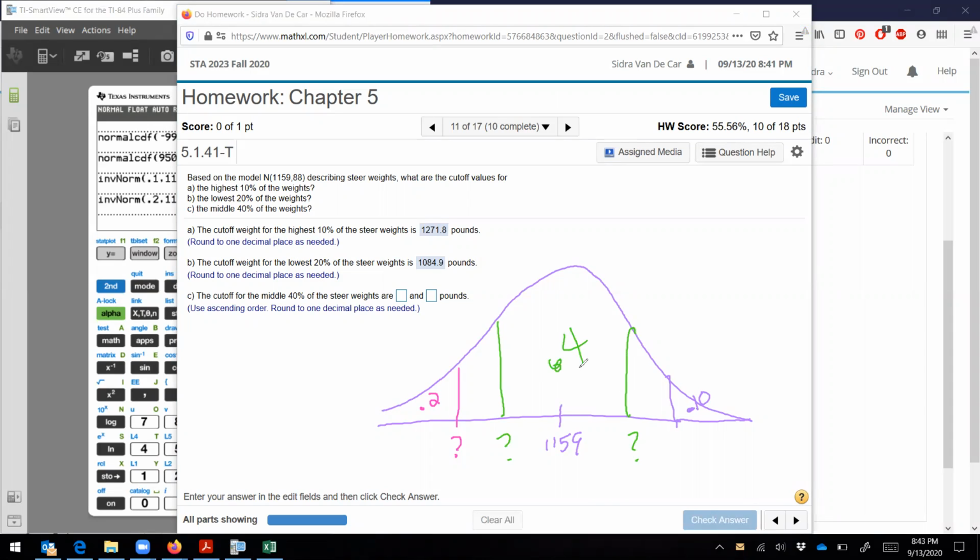Notice that if 0.4 is there, that means 0.2 is on this side of the halfway mark and 0.2 is on this side. And all of this is 0.5, so that means that 0.5 minus 0.2 or 0.3 is everything up to here. So to get this first value, I'm going to do 0.3 on the left.